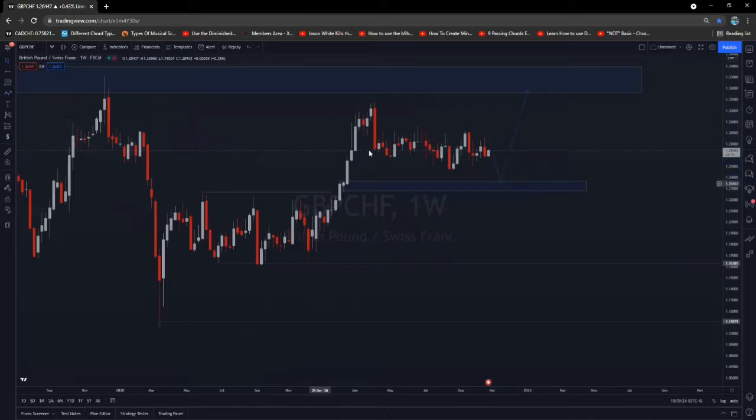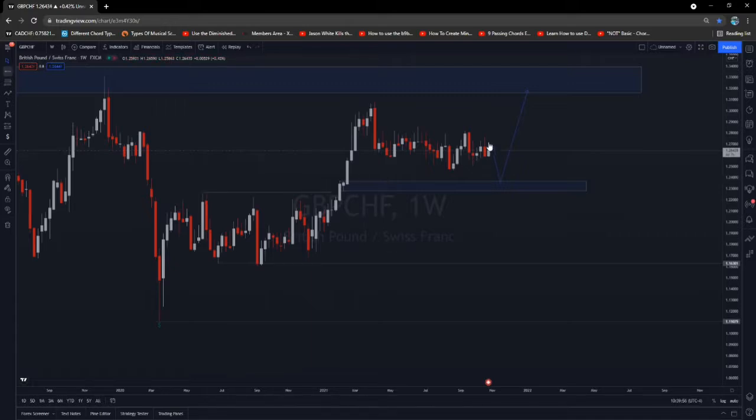Why did I say this? This consolidation here means that there's a lot of liquidity resting below and above this area of support or resistance. There are a lot of retail traders placing their buys and their sells below and above these areas, so it creates an incentive for large institutions to manipulate price at those areas.